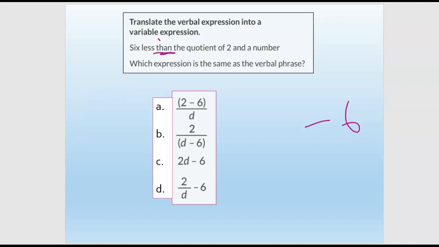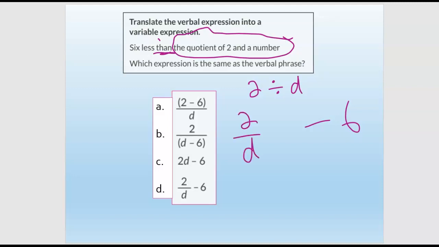6 less than what? Here's our noun phrase, the quotient of 2 in a number. Quotient means divide. 2 is going to be 2. A number is going to be your variable. It looks like we're using D as the variable here. So the quotient of 2 in a number is going to be 2 divided by some number, D. We could also write it like this, 2 over D. And it looks like this is what we're going for right here.